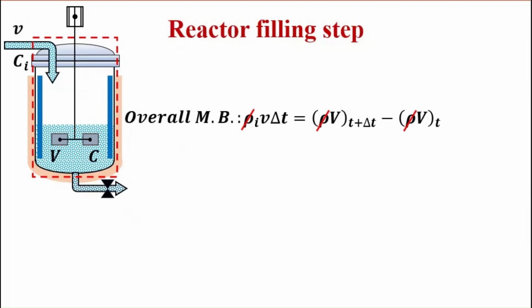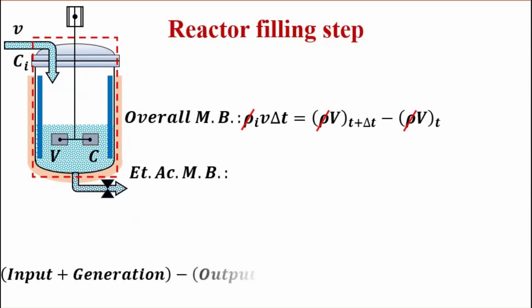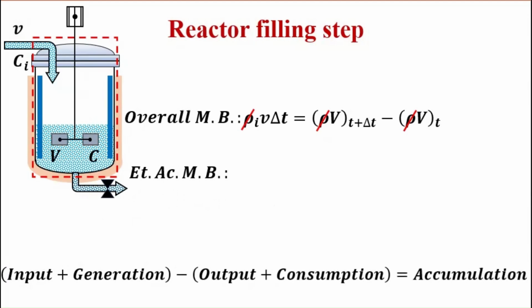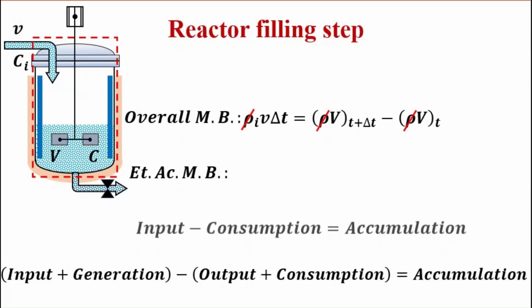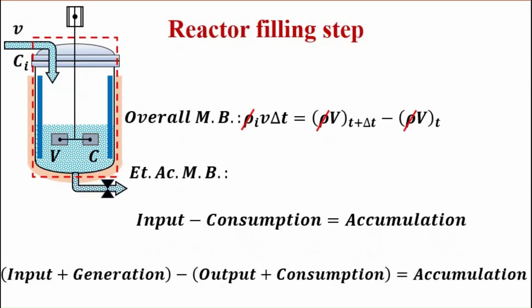The mass balance for the ethyl acetate can be expressed as the sum of input and generation minus the sum of output and consumption equals the accumulation within the control volume. Focusing on ethyl acetate, the mass balance equation simplifies because there is no outlet stream, while ethyl acetate is being consumed by the chemical reaction.